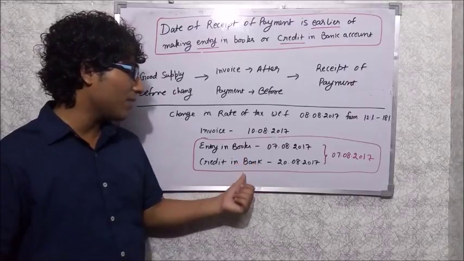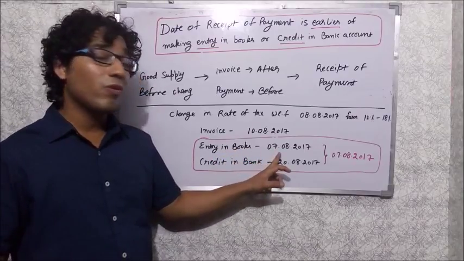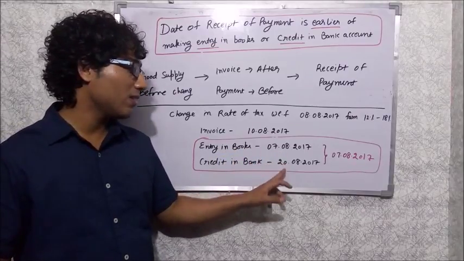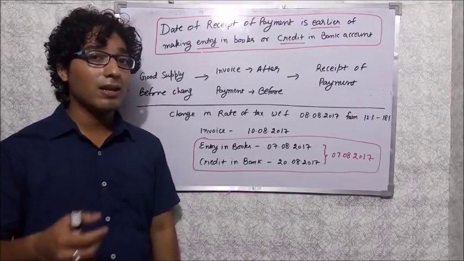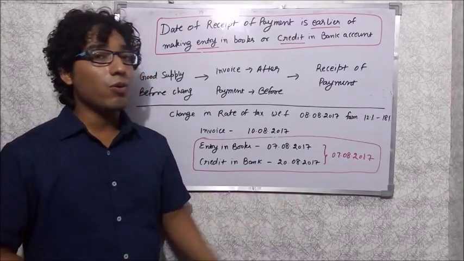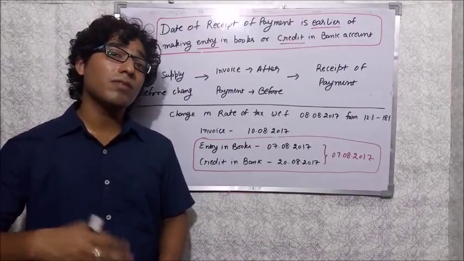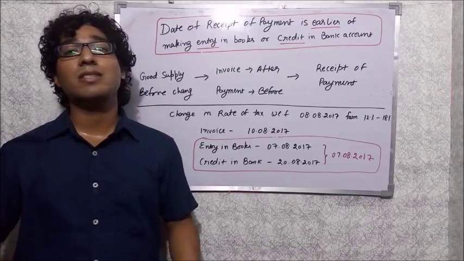So in our example, the entry in the books of account was on 7th August 2017 and the credit in the bank account was on 20th August 2017, which was after the 4 working days from the date of effective change.